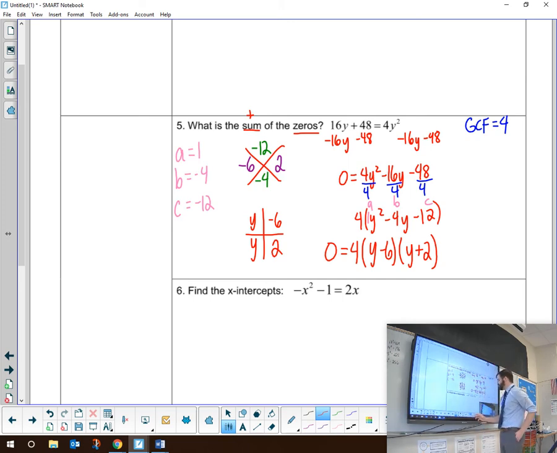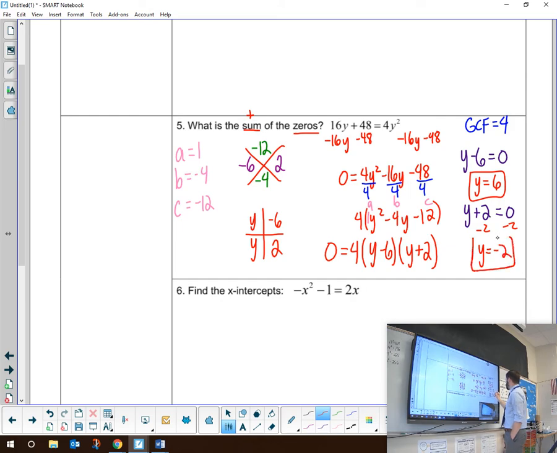So I'm going to take y minus 6 and set that equal to 0. And I'm going to take y plus 2 and set that equal to 0. If I add 6 to both sides, y is going to equal 6. If I minus 2 to both sides, y is going to equal negative 2. So here are my two answers. Y equals 6 and y equals negative 2.